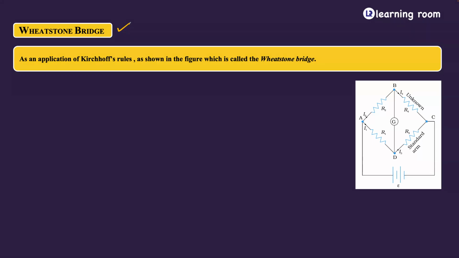And I told you in problems that they are not applied individually; both are combined together and applied. Now the next question is, is there an application of this law in a real-time scenario? That is the Wheatstone Bridge. It is an application of Kirchhoff's rule, and the circuit looks something like this, which is shown here.